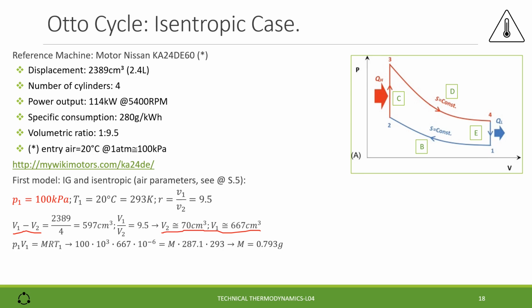By means of the state equation, we calculate the mass inside of the cylinder, which is 0.793 grams, and with the definition of the specific volume, we calculate v1 as capital V1 divided by the mass and v2 as capital V2 divided by the mass.